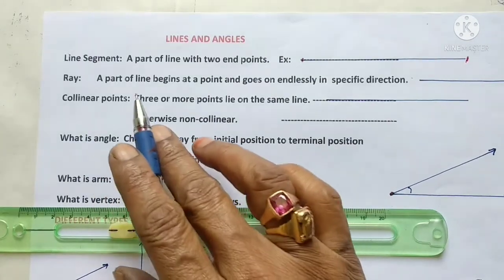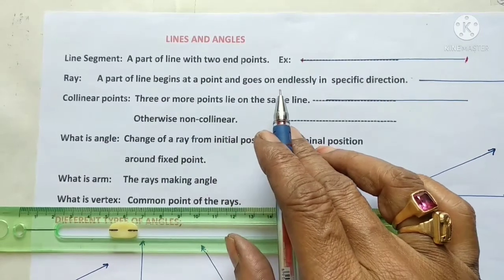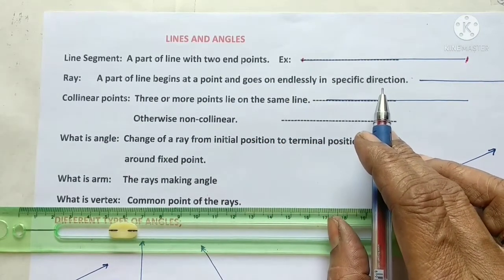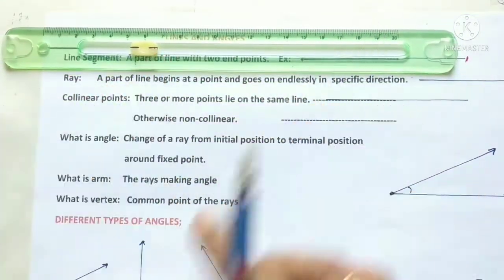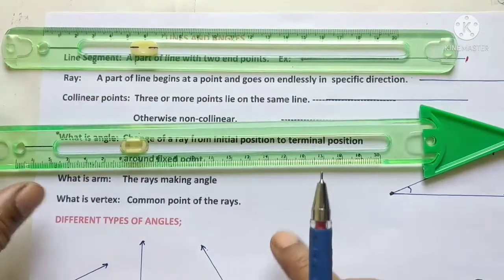What is a ray? A ray is a part of a line that begins at a point and goes on endlessly in a specific direction. I am keeping the scale here to understand better, and I show you another. This is a ray.